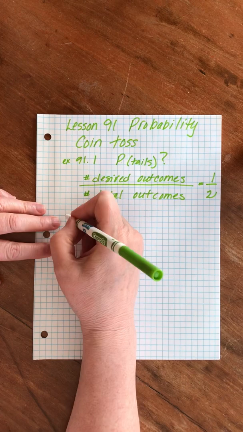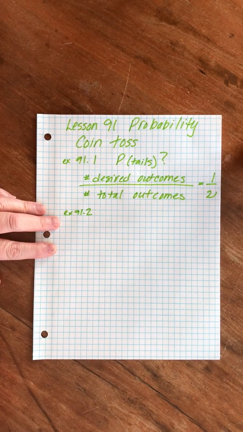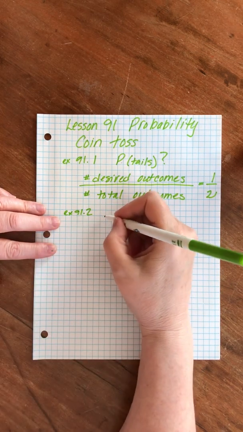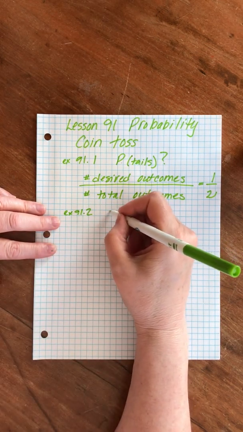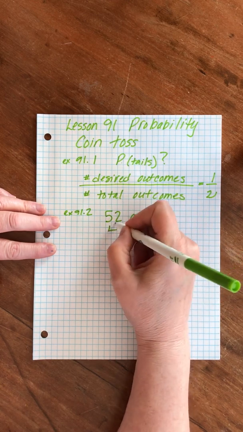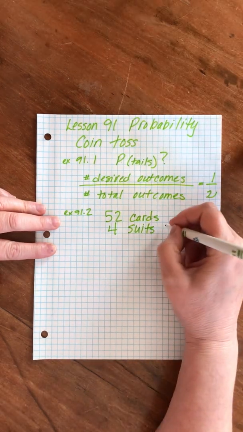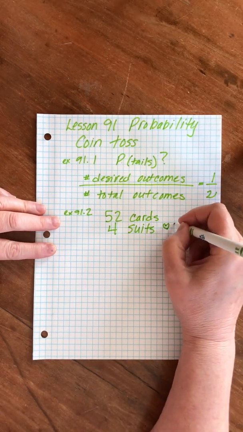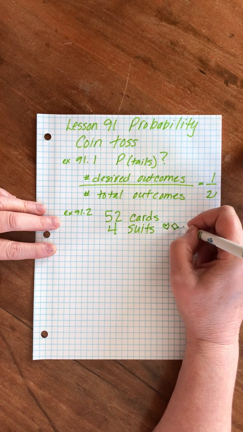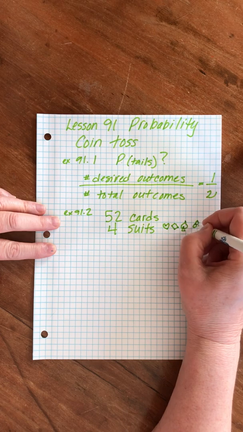Okay? Example 91.2. Let's talk about drawing a card from a deck of normal cards. Now, just to remind you, in a normal pack of cards, there are 52 cards. There are 4 what we call suits. I don't know if you guys are experienced card players or not. There's hearts, and there's diamonds, and there's spades, and there's clubs.